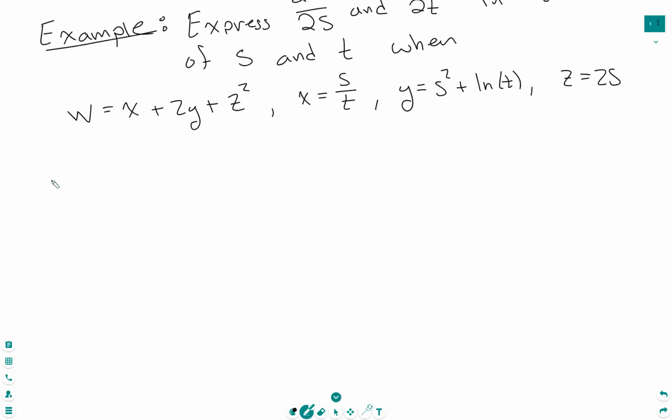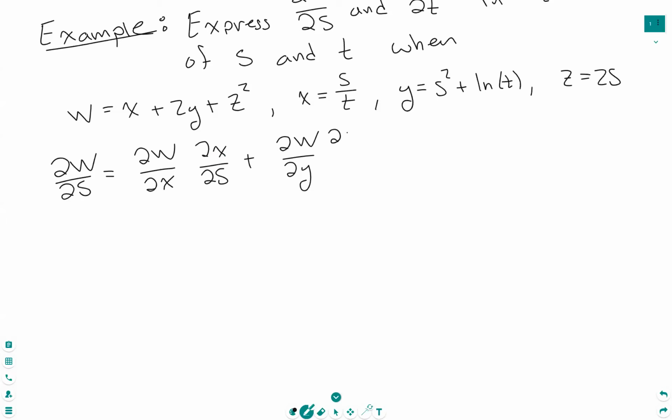Okay, so let's start with partial w, partial s. We know the form that this needs to take. So I'll quickly scribble that down. And now let's look at each one of these individually.